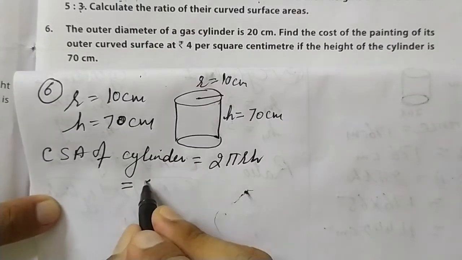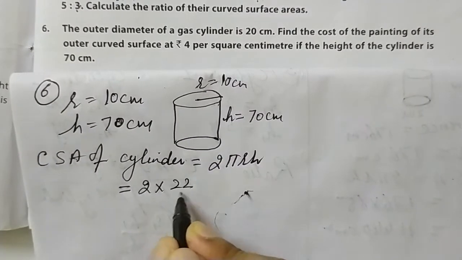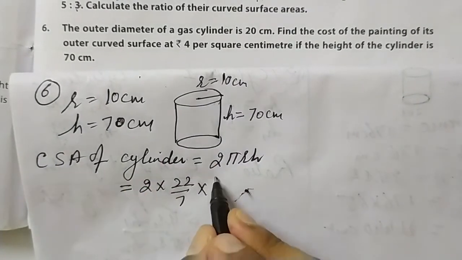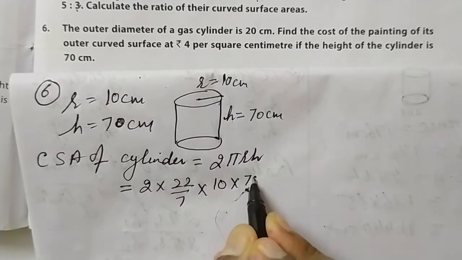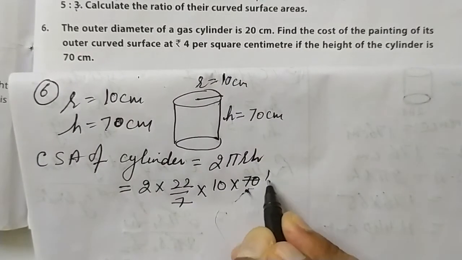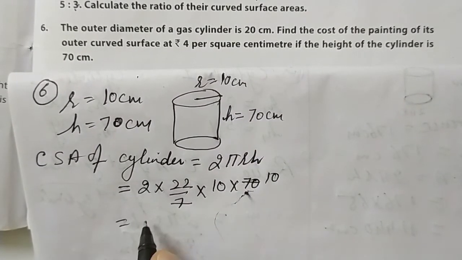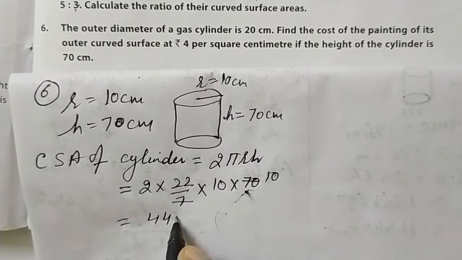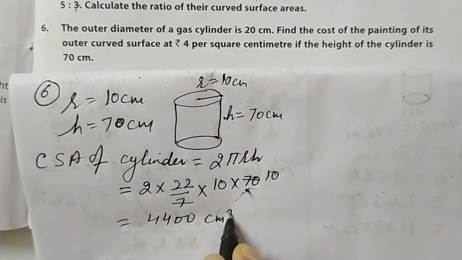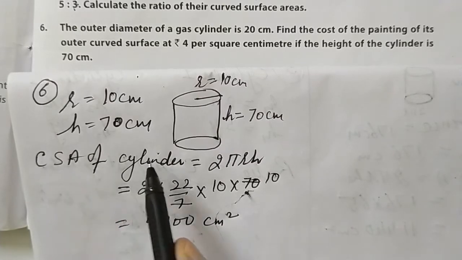So fill the values. 2 into pi, which is 22 over 7, r is 10 and h is 70. So 7 ones are 7, 7 tens are 70. So 22 twos are 44 and 2 zeros are there. So 4400 centimeter square is the CSA of the cylinder.